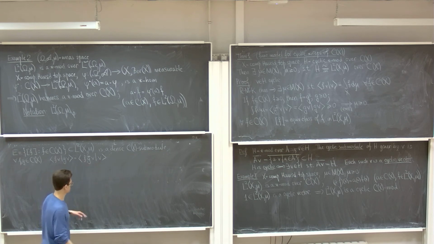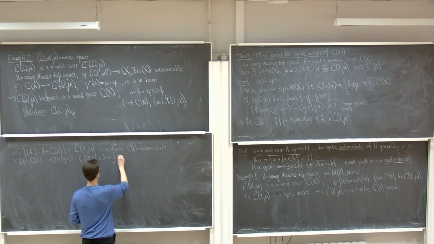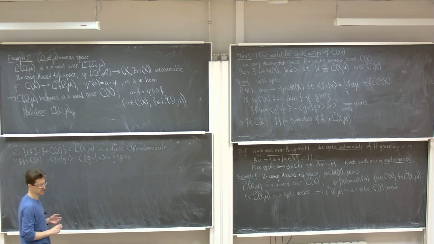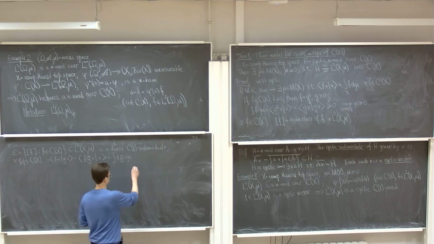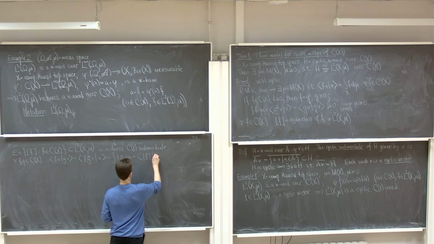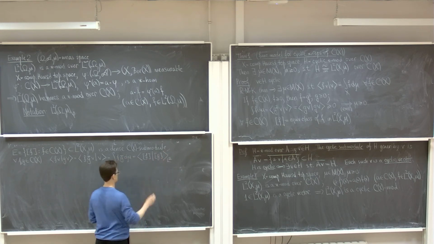By our construction of mu, this is the integral of f g bar with respect to mu, or equivalently, this is just the inner product of f and g in the L2 space, the usual L2 inner product.